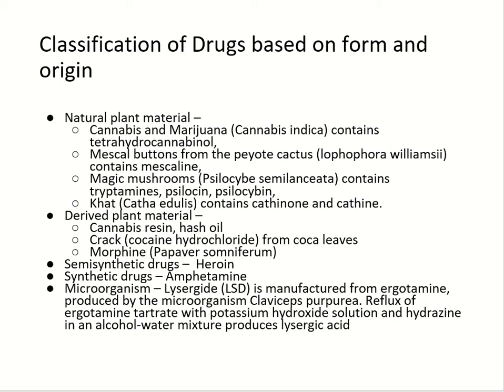Semi-synthetic drugs are heroin. Synthetic drugs, example amphetamine. Microorganism-based drug is lysergide, which is manufactured from ergotamine or the rye plant, and the fungus used for its manufacturing was Claviceps purpurea.